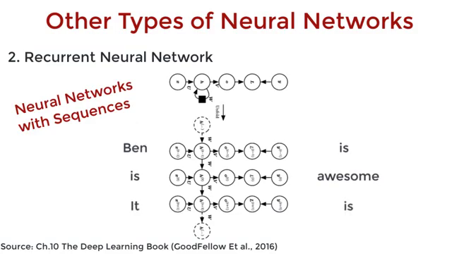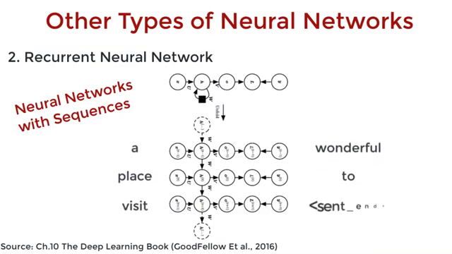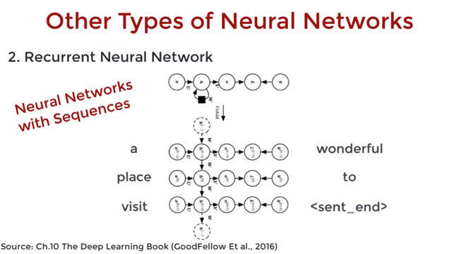For example, sentences can be sequences because the words that constitute a sentence have to be in some particular order to actually make sense. Note that all the layers in these networks, whether vanilla neural networks, convolution neural networks, or recurrent neural networks, all of them are differentiable functions, so we can connect them in different ways to solve complex problems. So let's take a look at some complex applications.